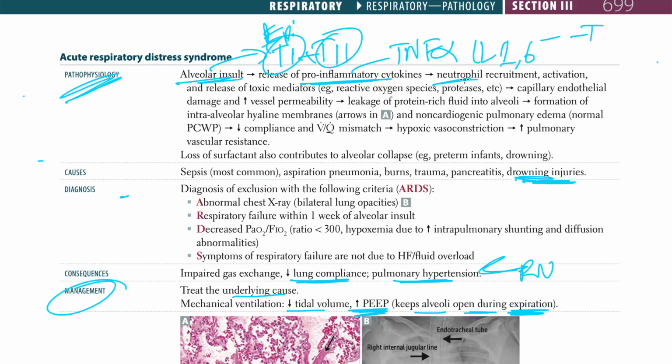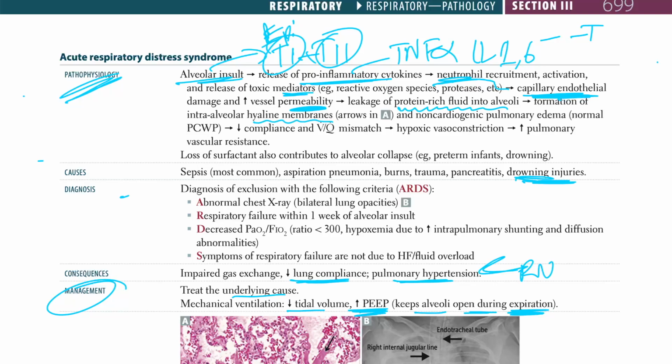They will all activate the neutrophils. Neutrophils will come, activate, release the toxins and those mediators, causing capillary endothelial damage. When you damage the epithelium and endothelium, there is an increase in permeability, which will cause protein-rich fluid in the alveoli, and that protein-rich fluid causes hyaline membrane.